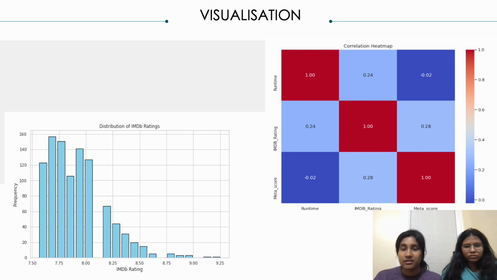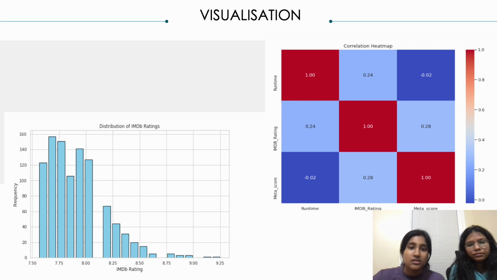And coming to another graph, it's a correlation heat map, which represents the correlation between the variables runtime, IMDb ratings, and Metascore. Coming to the numbers, 1.00 represents the correlation of a variable with itself, and 0.24 represents the correlation coefficient between runtime and IMDb ratings.